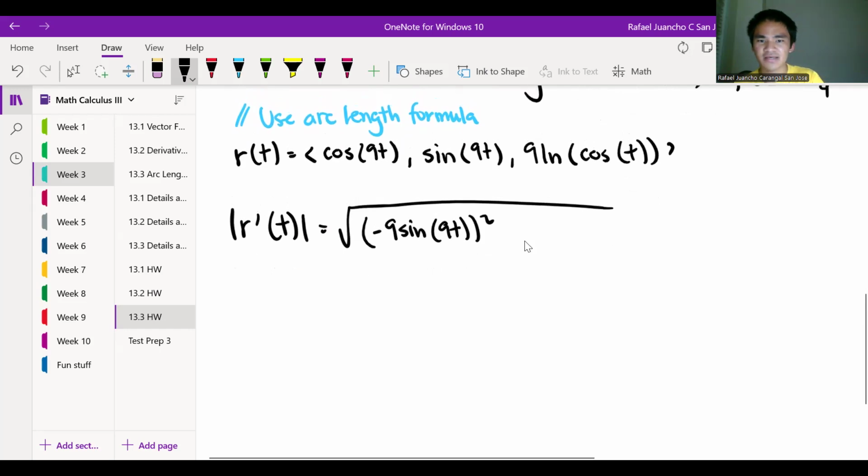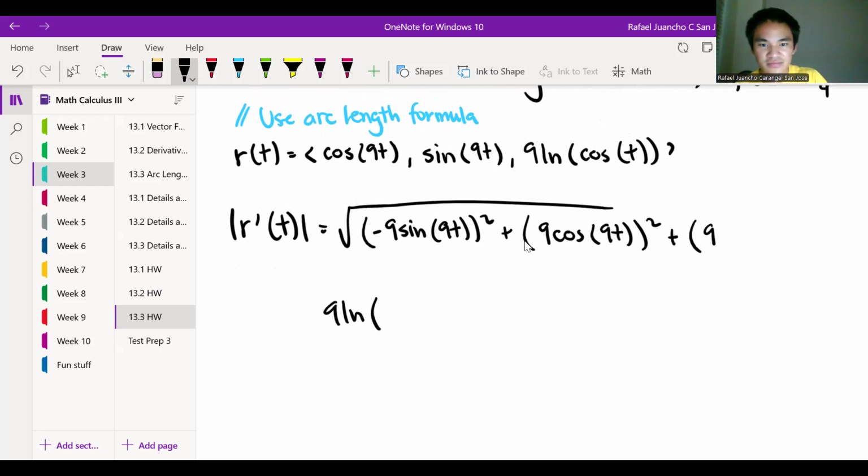Yeah, because I make this a sine, it's a negative, and I multiply a 9. Okay, we get the derivative of this, so it's 9 cosine 9t. So here I'm using just chain rules. Then here I get a 9. What's the derivative of this thing?